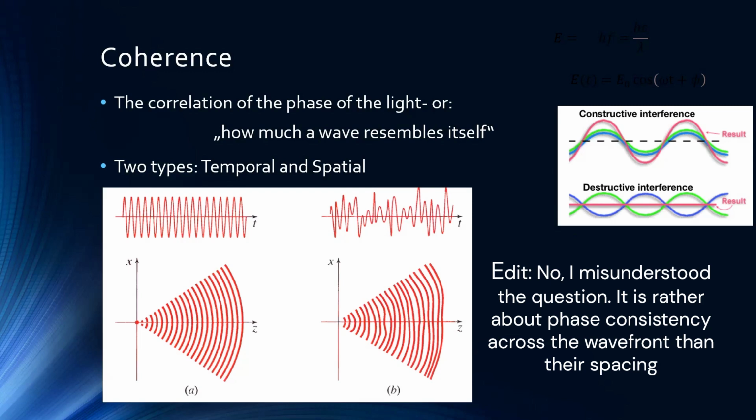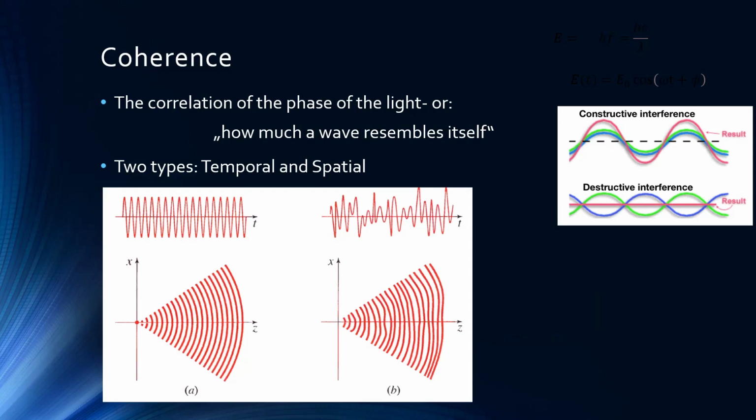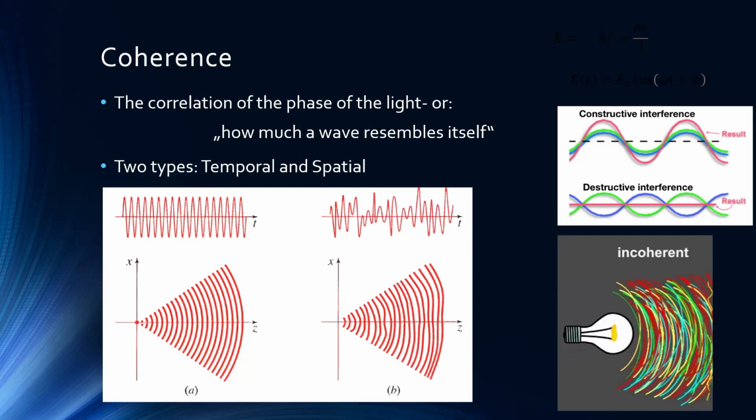Now I've explained this in detail and why. It's mainly that lasers are both spatially and temporally coherent, which makes them special. If we compare this with a regular light bulb, I think this illustrates really nicely what happens.